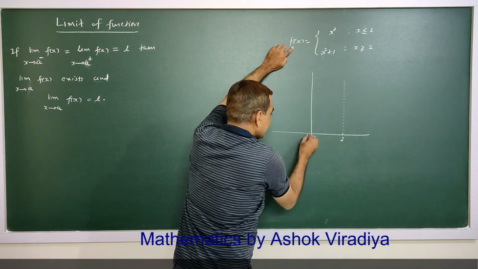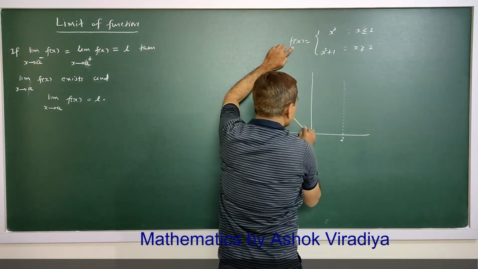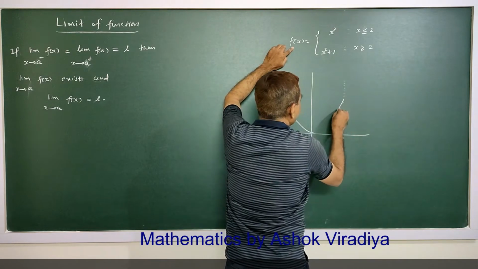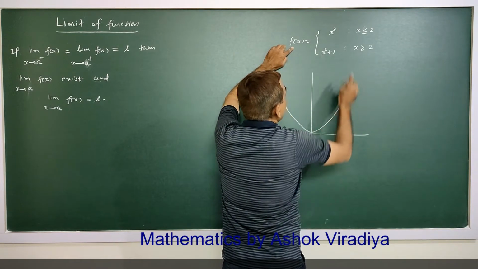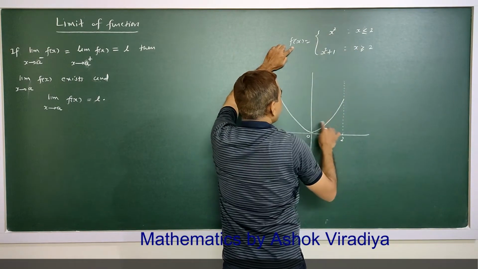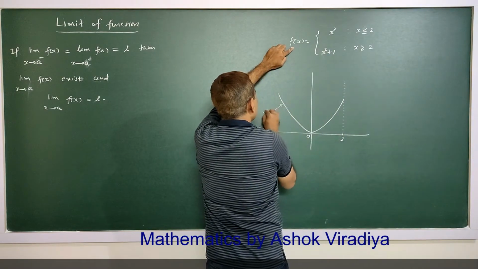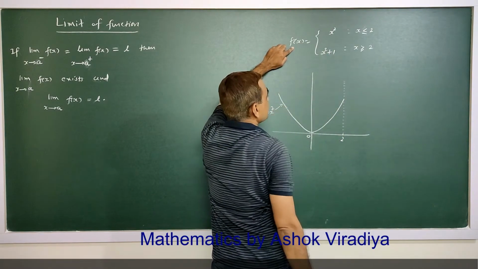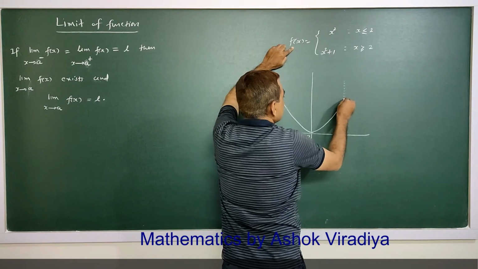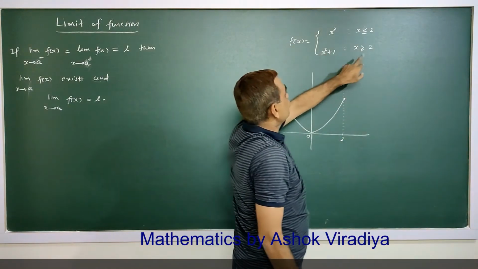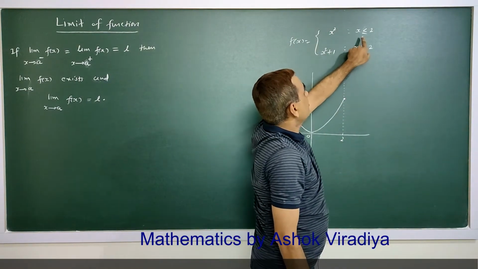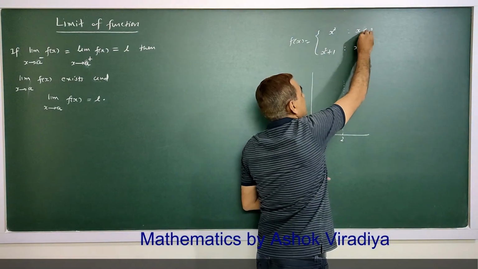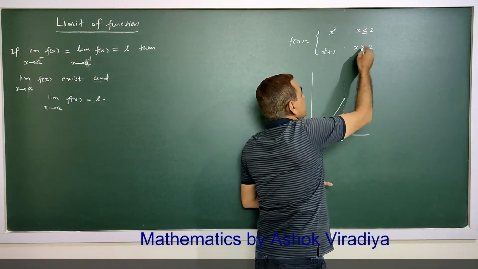For x less than or equal to 2, this is the graph of y equal to x square. At x equal to 2, we are taking here the sign of equality, here the sign of inequality.